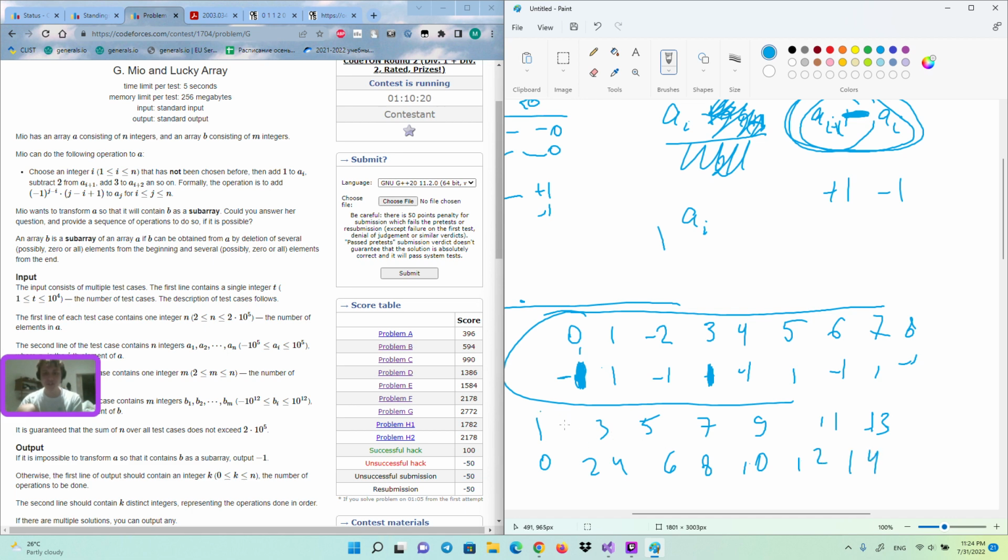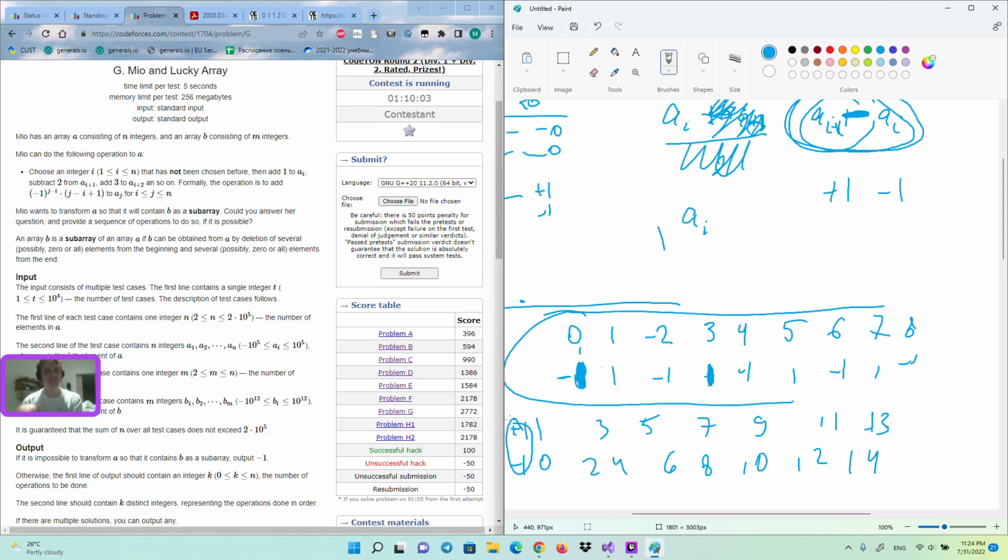And for every odd number, we have +1, and for every even number, we have -1. And we have to make some balance.